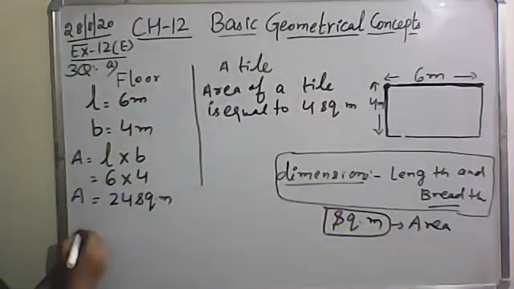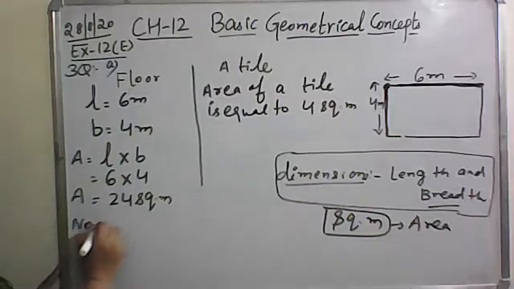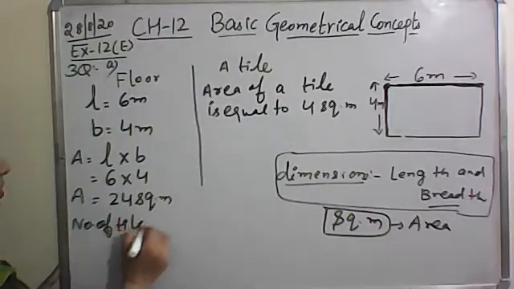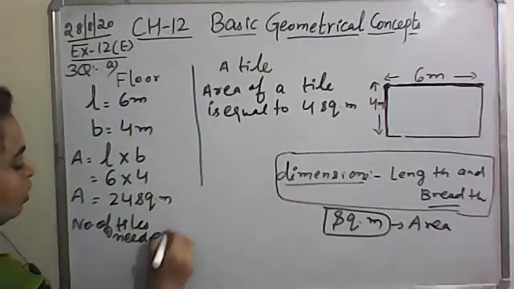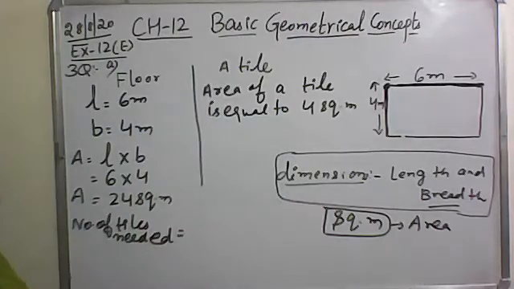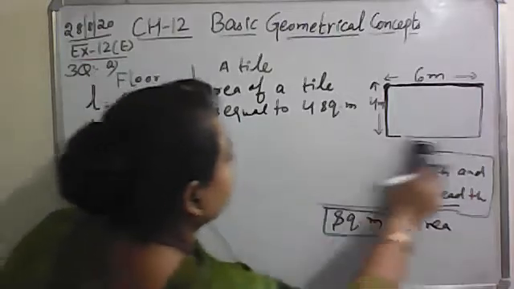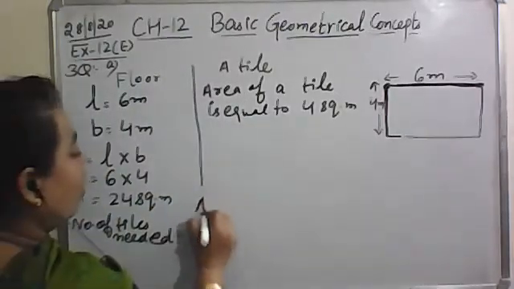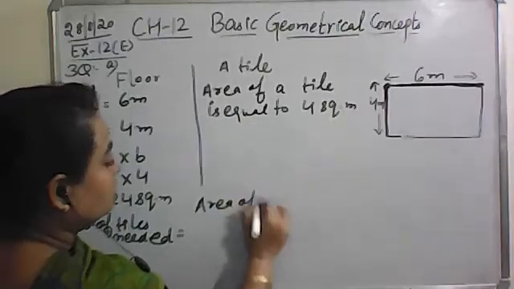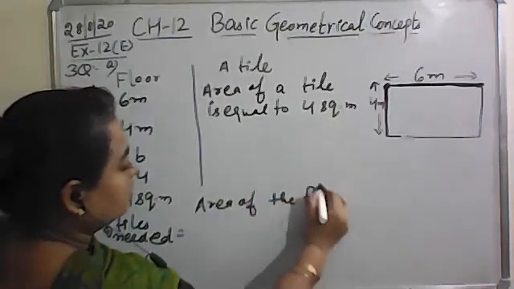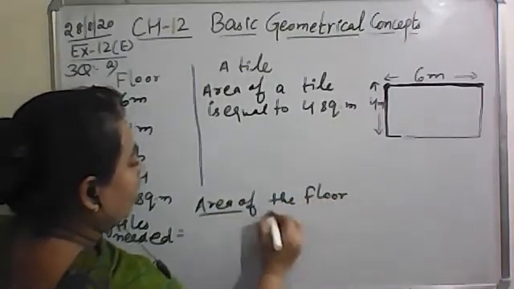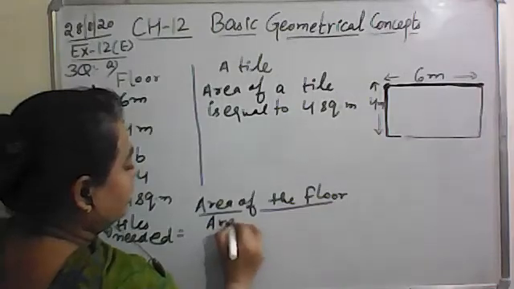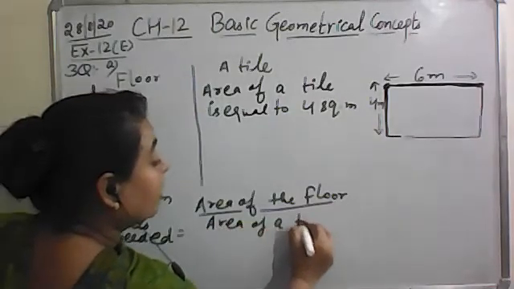So, in the next step, you will write number of tiles needed. To find the number of tiles, we apply the formula: area of the floor upon area of a tile.